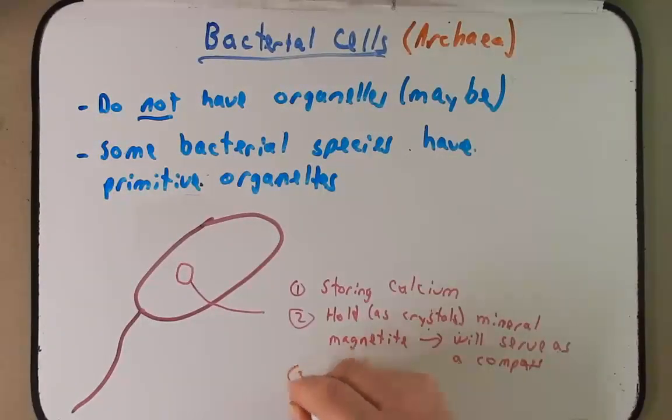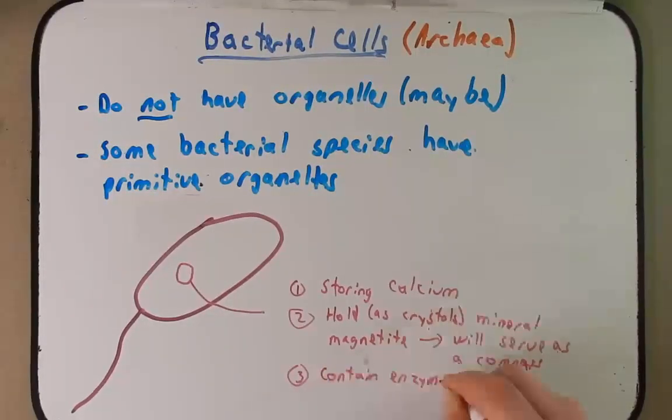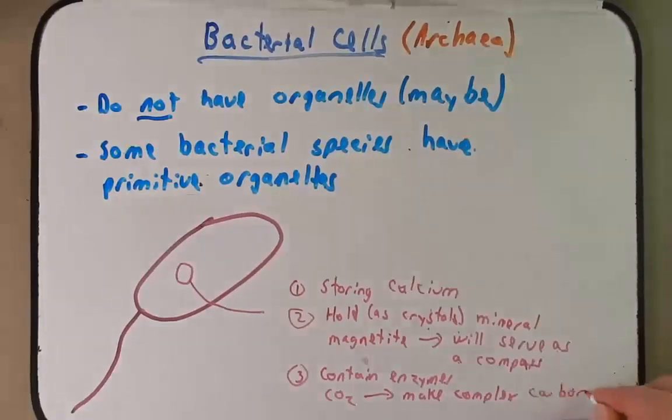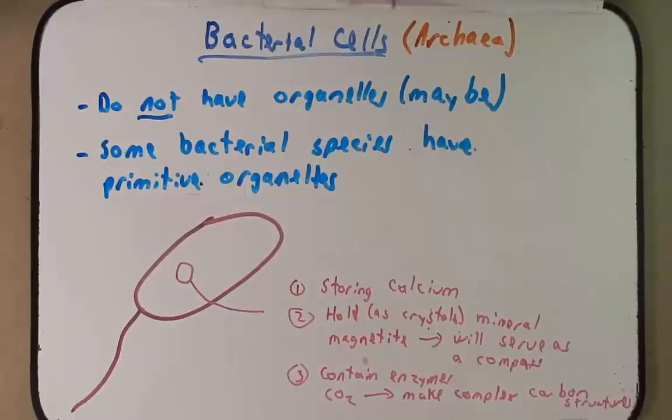And in some photosynthetic bacterium, these primitive organelles will contain enzymes that will fix CO2, and we'll talk about that later when we talk about photosynthesis. It'll take CO2 and make complex carbon structures. So they're not the organelles that we're used to thinking about, but they are membrane bound, and like all other organelles, they serve a very specific function and help compartmentalize certain reactions.